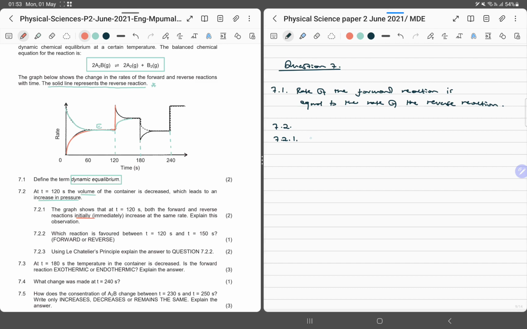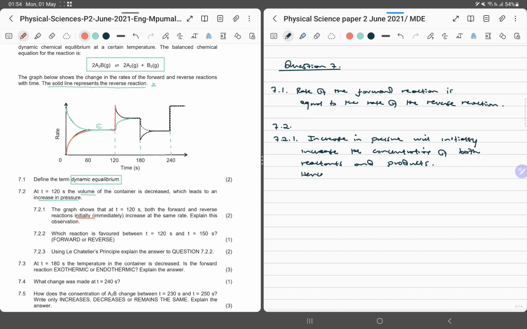We can see that an increase in pressure will initially increase the concentrations of both reactants and products.